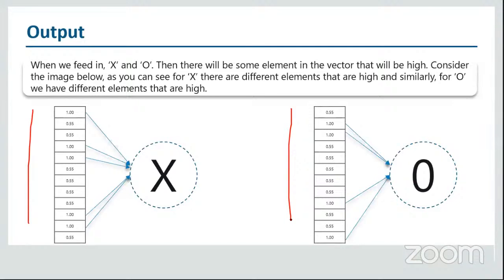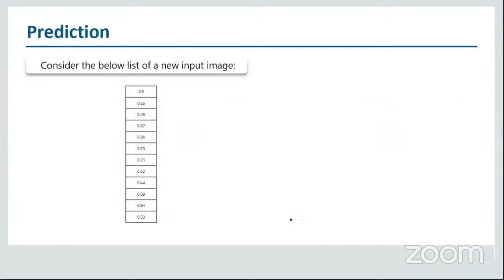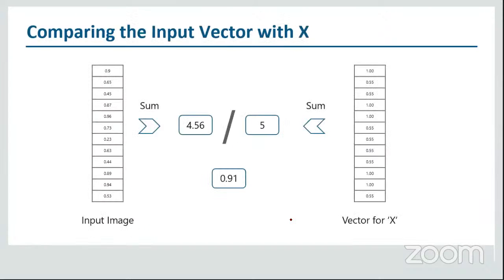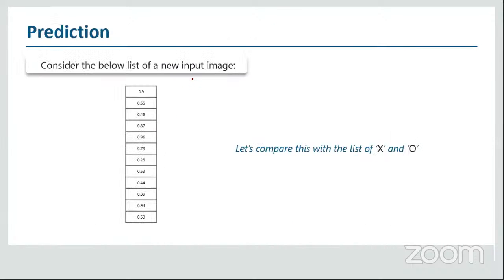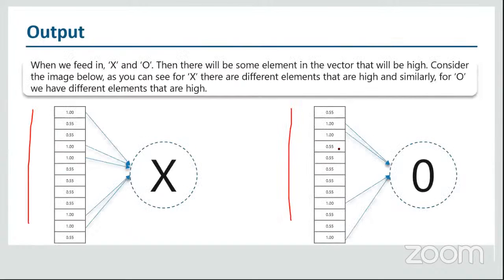When we get this, we consider the below input for the input image and the below input for the compared image, and we will check whether it is the same image or not. So if you see in this case, this was the original x and this was the original o.